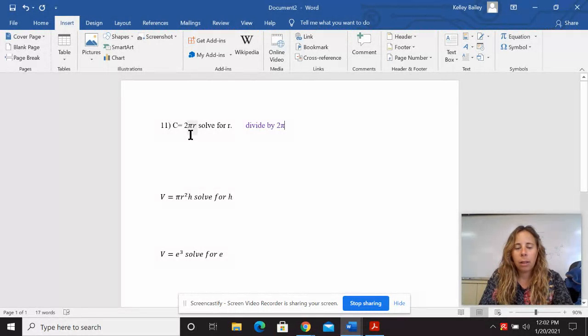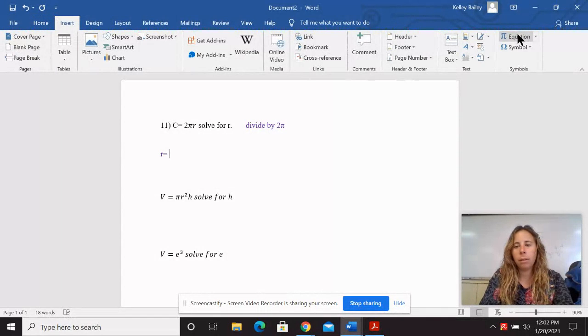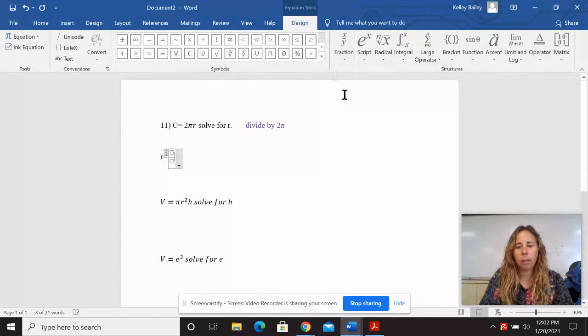Okay. So on this side, it'll cancel out. So I will get r equals C over 2 pi.